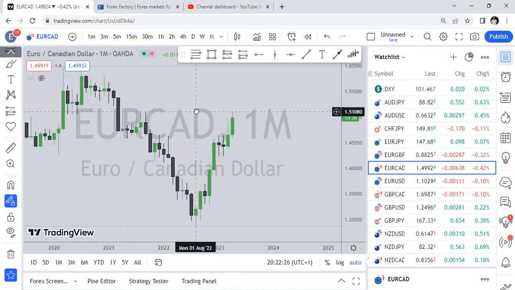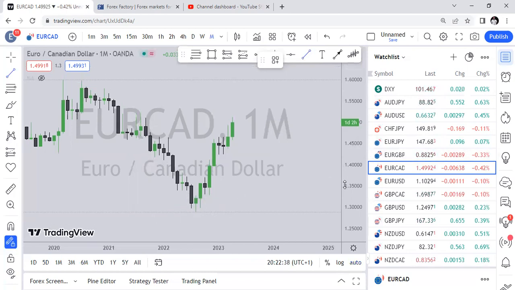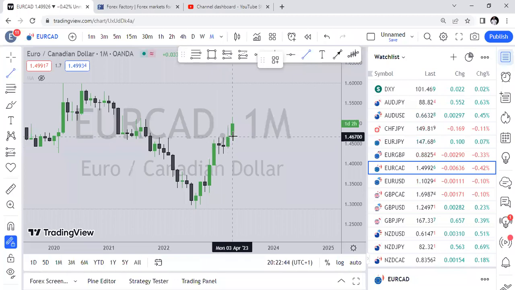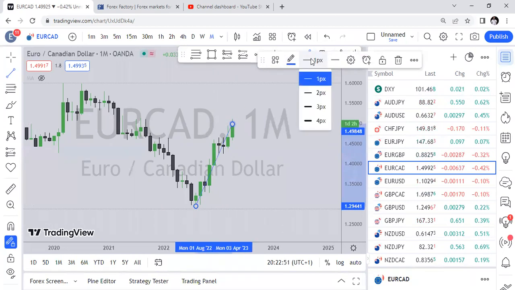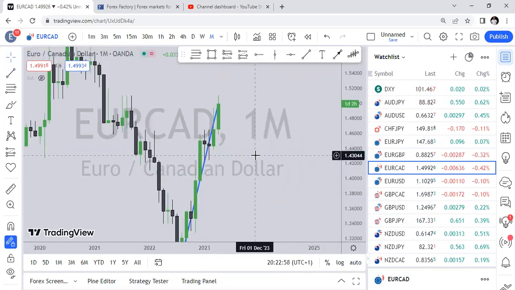Now, looking at it from the monthly time frame, we can see that for the past close to 1 year now, 1, 2, 3, 4, 5, 6, 7, 8, 9 months, this currency pair has been going up. That's the idea we've gathered because we were able to come to the highest time frame.